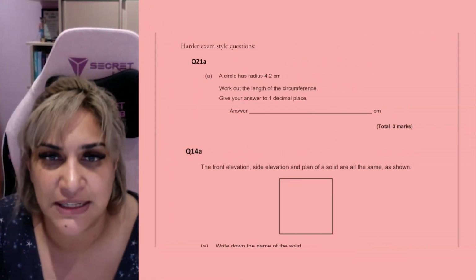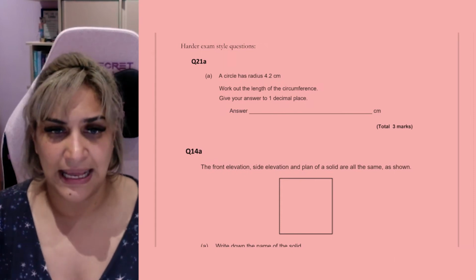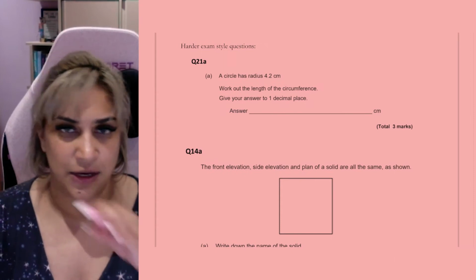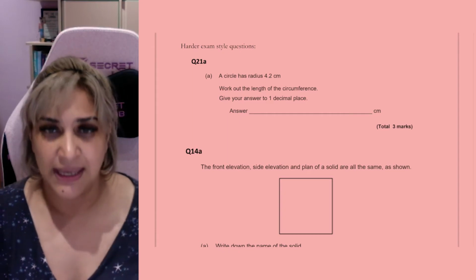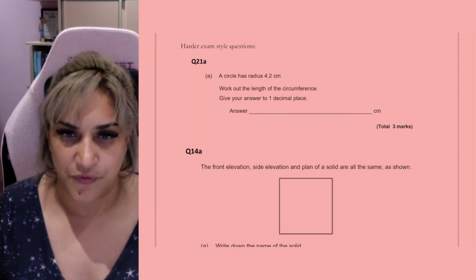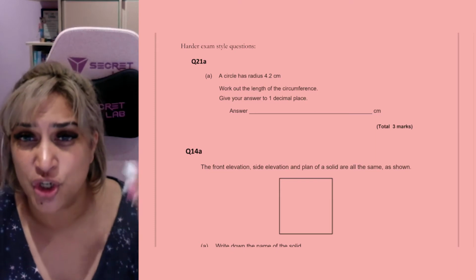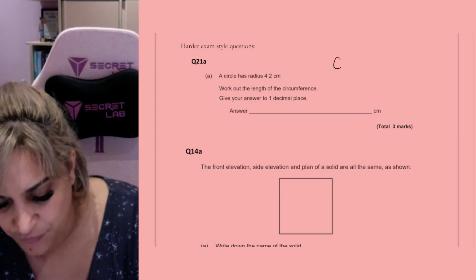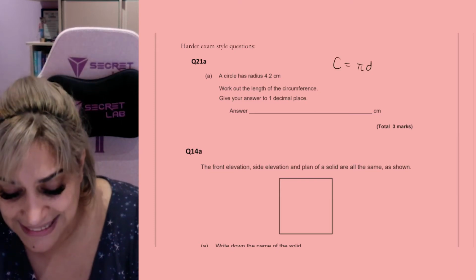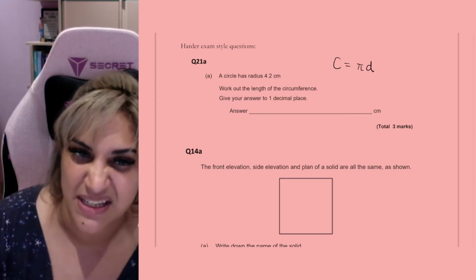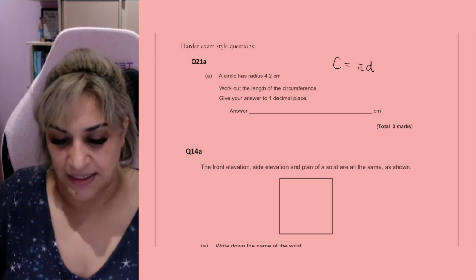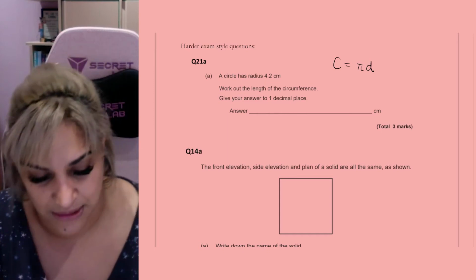Okay, so let's have a look. We've got a circle, and this circle has a radius of 4.2, and we want the length of the circumference. Now, the formula that we should know is that the circumference equals pi d, and d is diameter, which is double the radius. Let's make sure we summarize our circle.